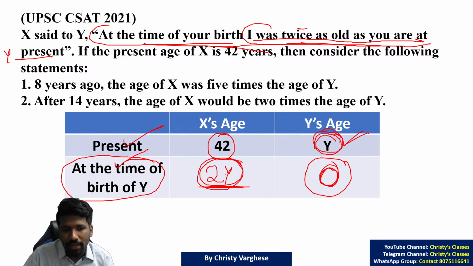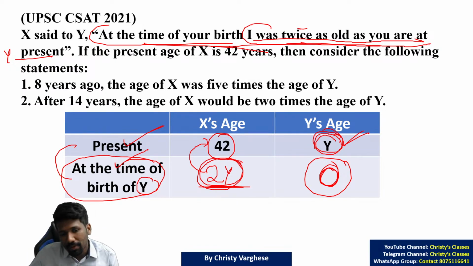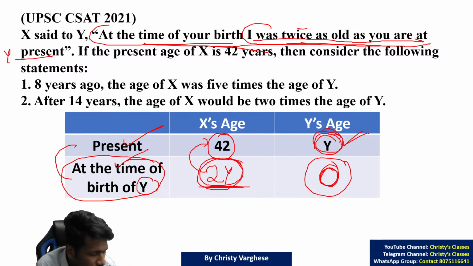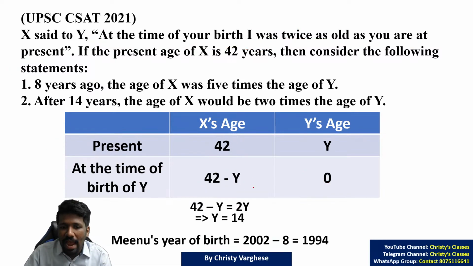At the time of Y's birth, after that, Y years are added to reach the present. Imagine you are 24 years old: at the time of your birth you were 0 years old, or your year of birth would be 2000 and now it is 24 years after that. That means you can connect these two situations by adding Y.